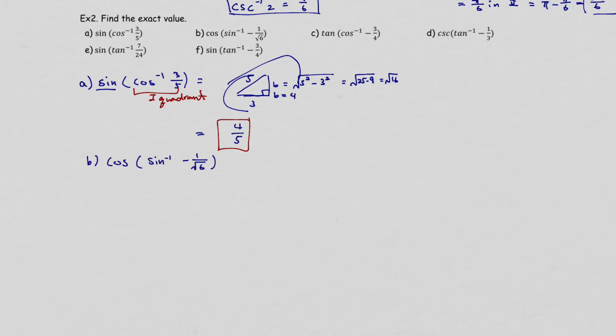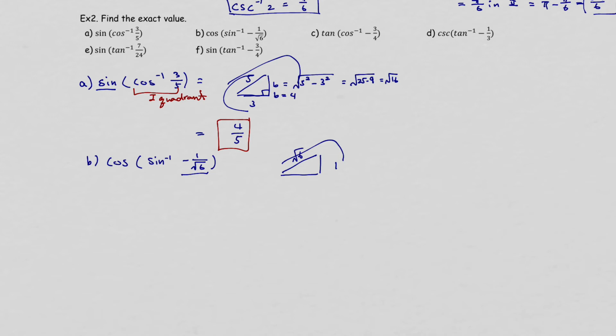This time you have cosine of sine inverse of negative 1 over square root of 16. So let's find the triangle of these values, right? So if you have a triangle, your sine is going to be 1 over square root of 6.